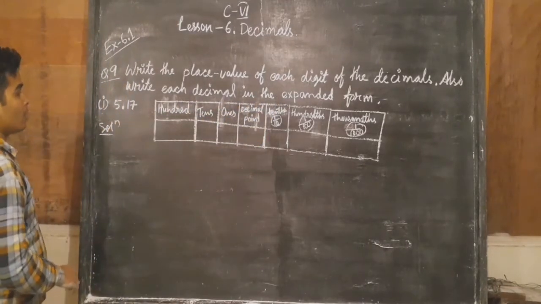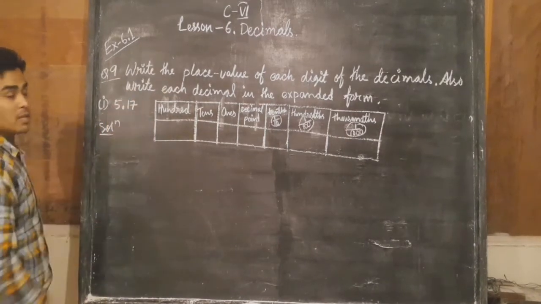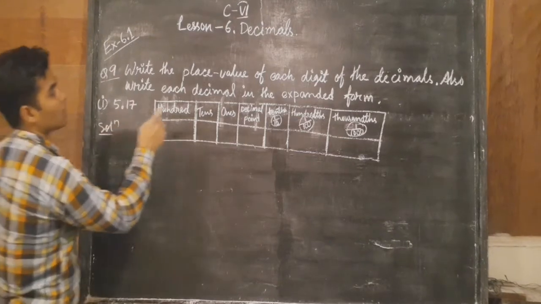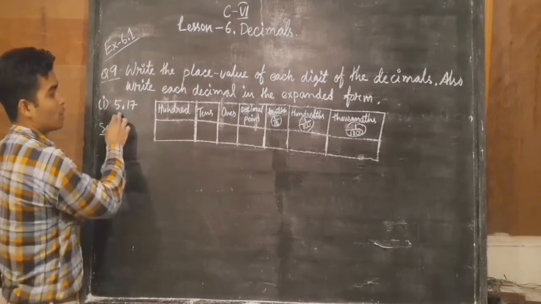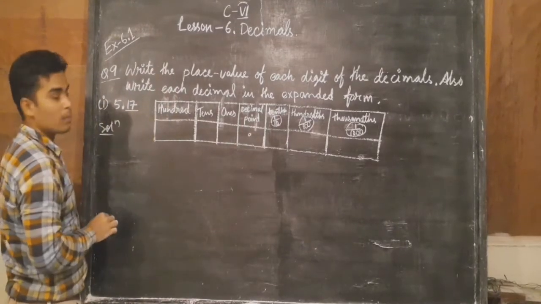So, let us find the place value of each digit. To find the place value of each digit of this decimal, we have to put this decimal number into the decimal place value set. Put the point in the point place. Now you can see it has two decimal places.